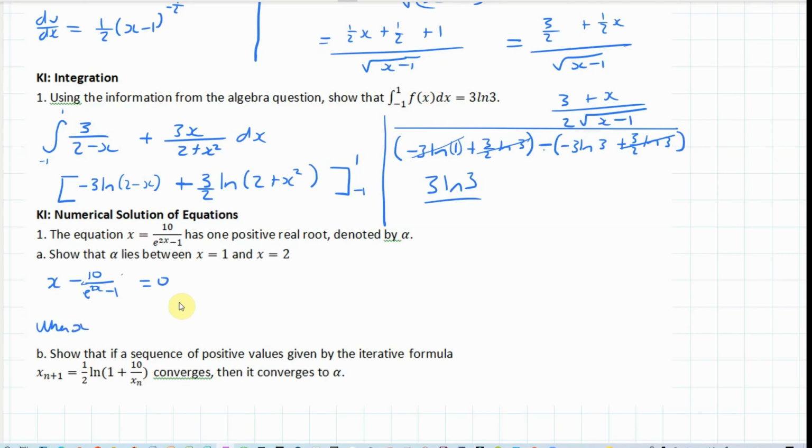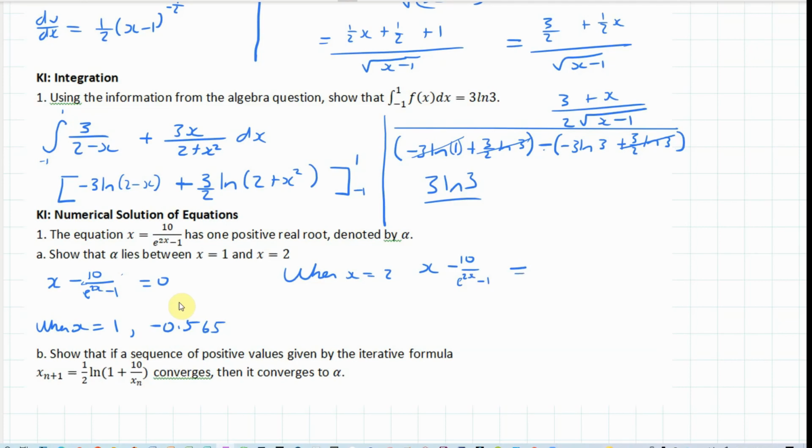When x equals 1 and we plug that into the formula, what do we get? 1 minus 10 over e to the 2 minus 1, and we get a negative number. And then we apply that again when x equals 2, x minus 10 over e to the 2x minus 1.